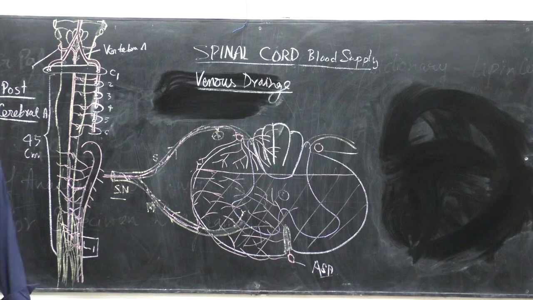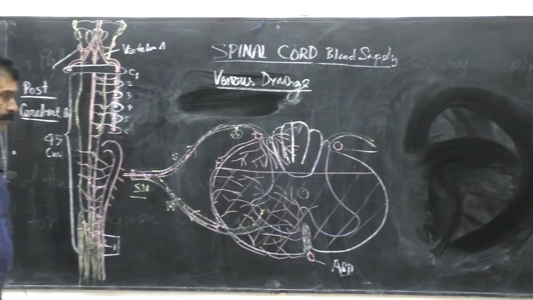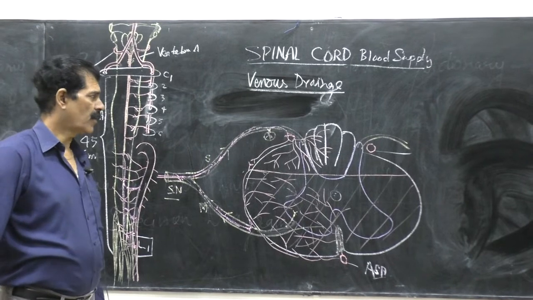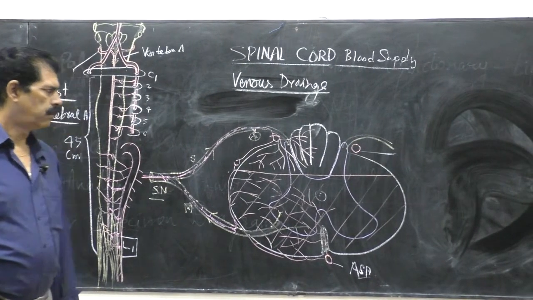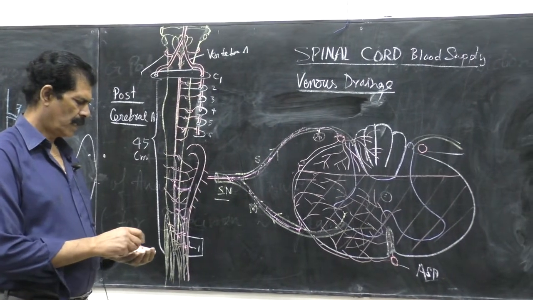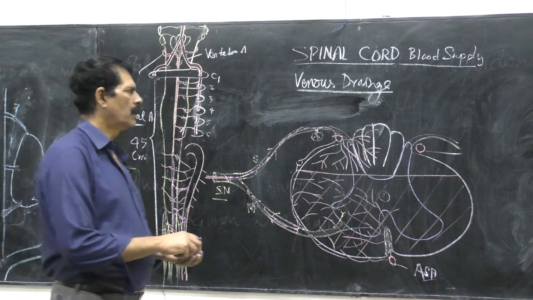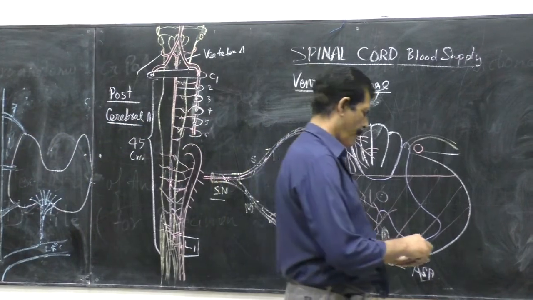there are 10 longitudinal vertebral veins which drain the spinal cord and they surround the spinal cord.